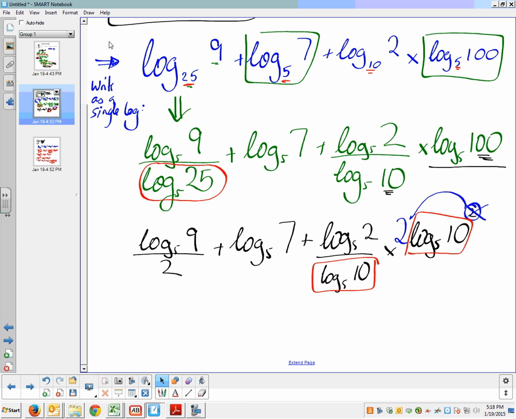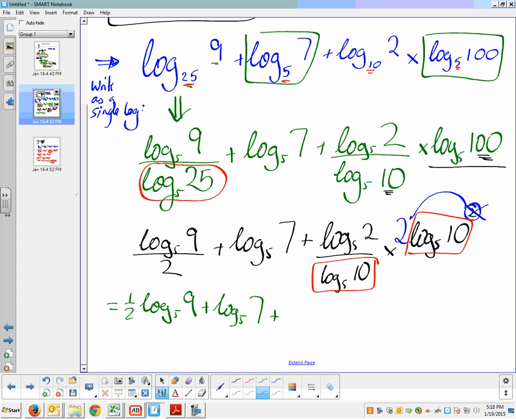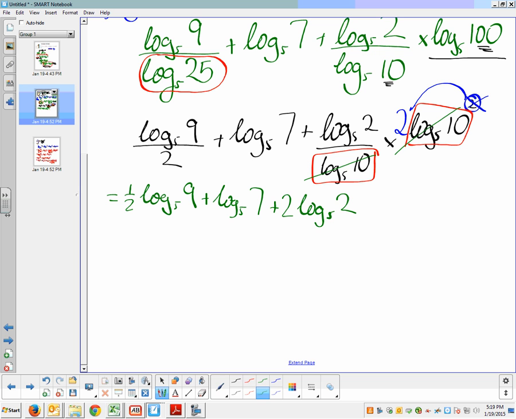So, next line is I've got a half of log base 5 of 9 plus log base 5 of 7 plus, these cancel, and we're just left with 2 log base 5 of 2. So that's already a lot simpler than the thing we started with.